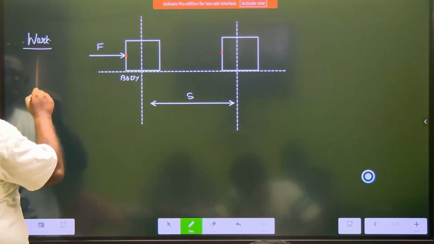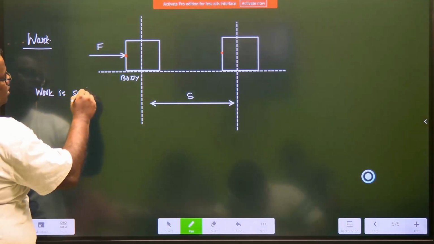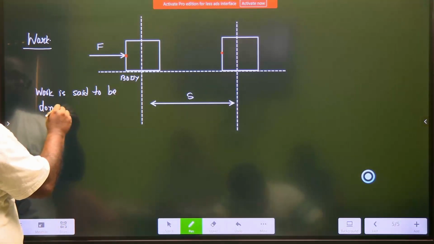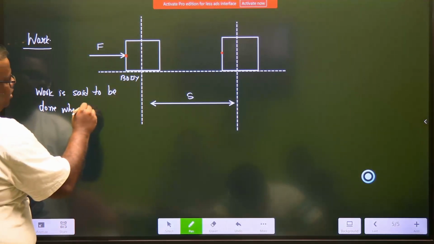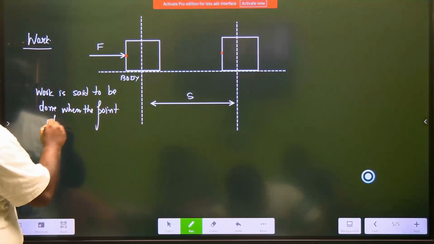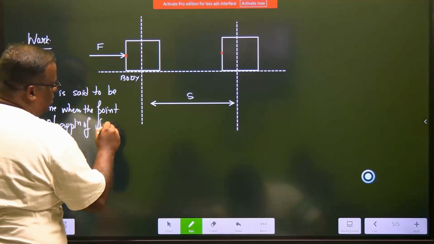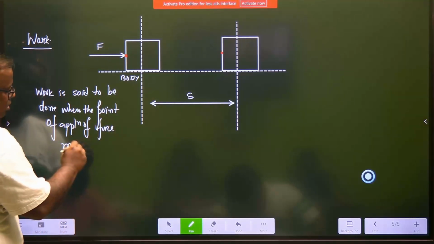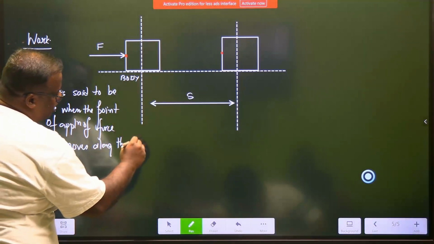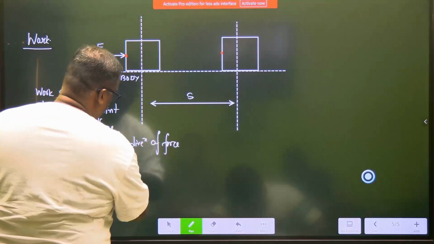Has to move along the direction of force. Very, very important. Along the direction.